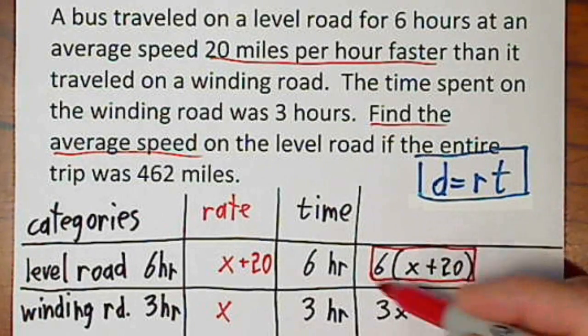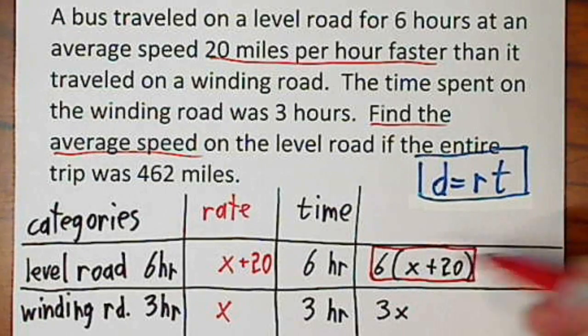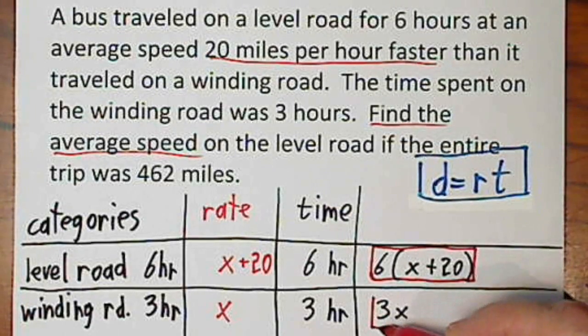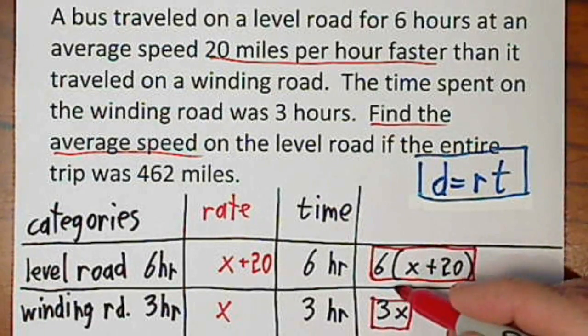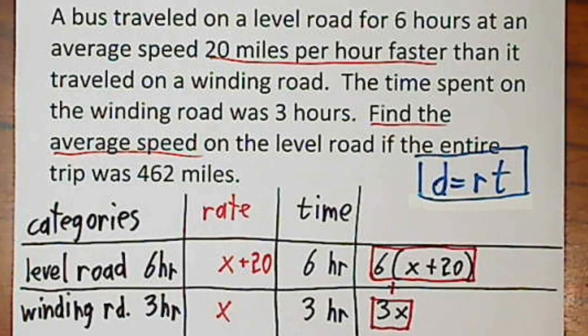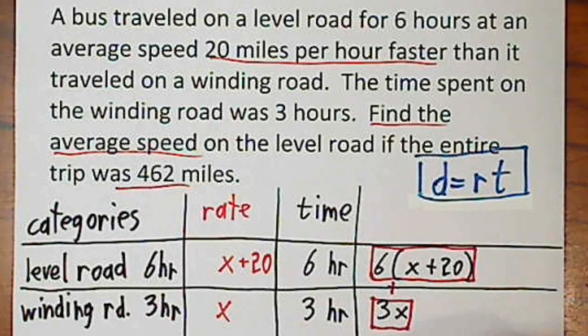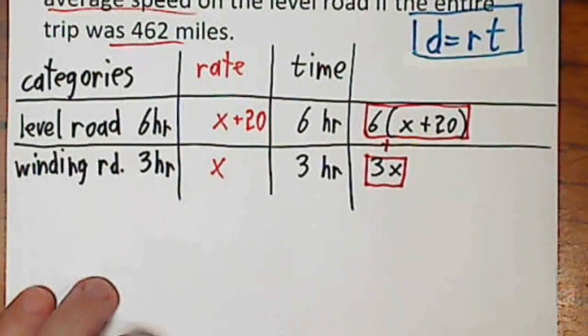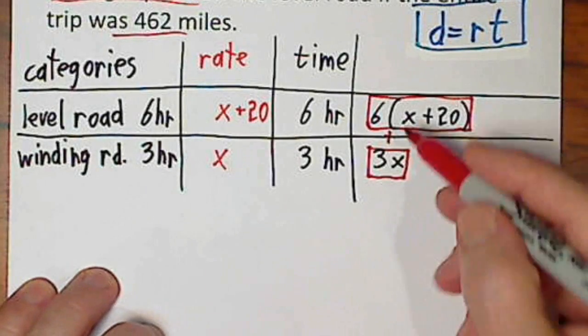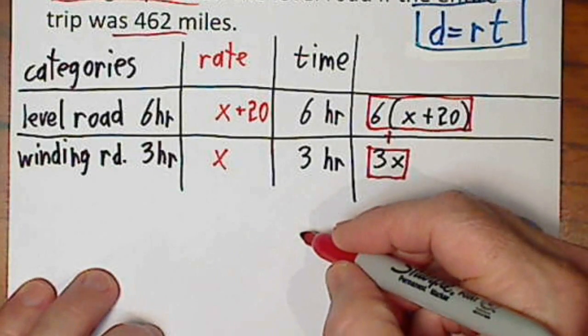Might not look like a distance, but this represents a distance. If I add it to this distance, if I add these two, I'm going to get 462 miles. So if I add them, I get 462.